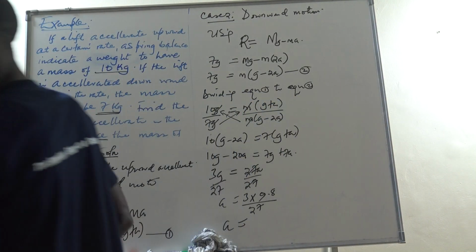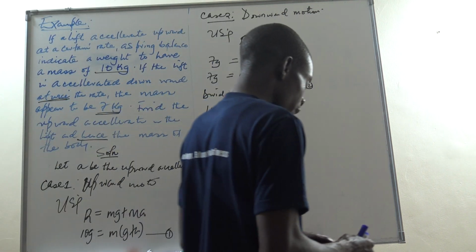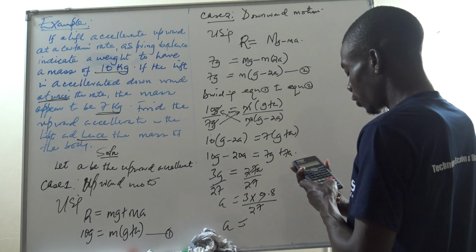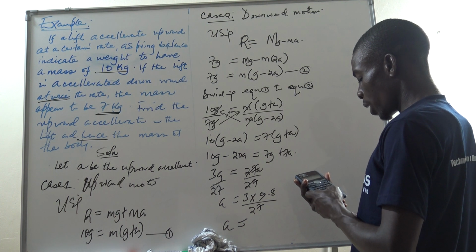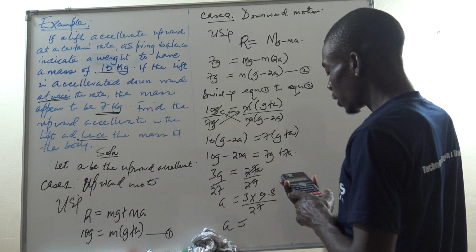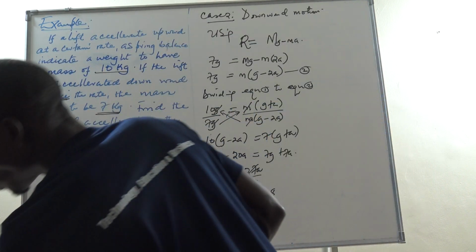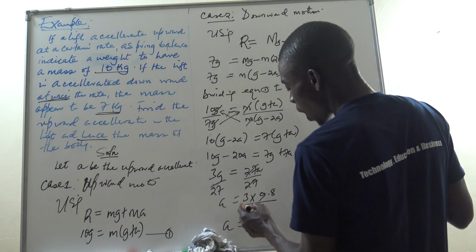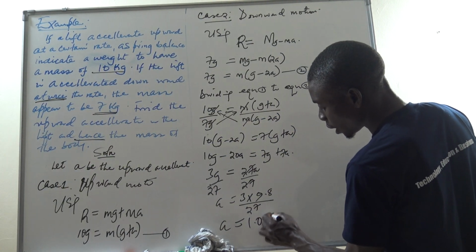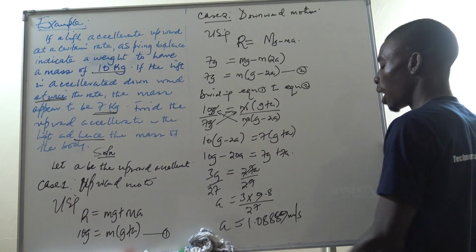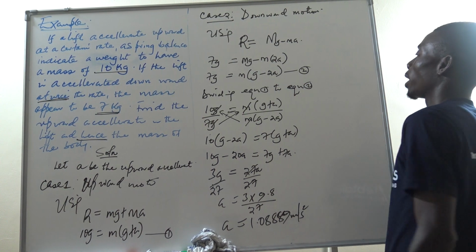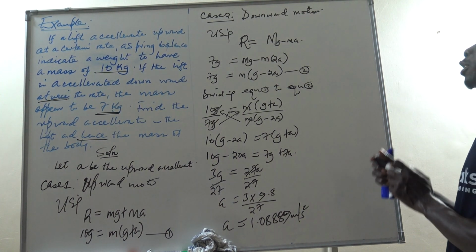You can pick your calculator and say 3 times 9.8 divided by 27. That is 1.08889 meters per second squared. And that is the acceleration that you want.